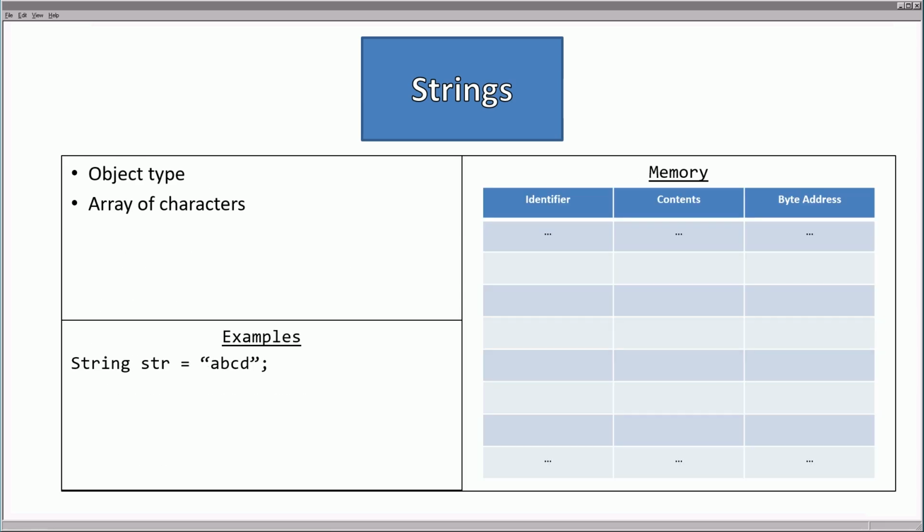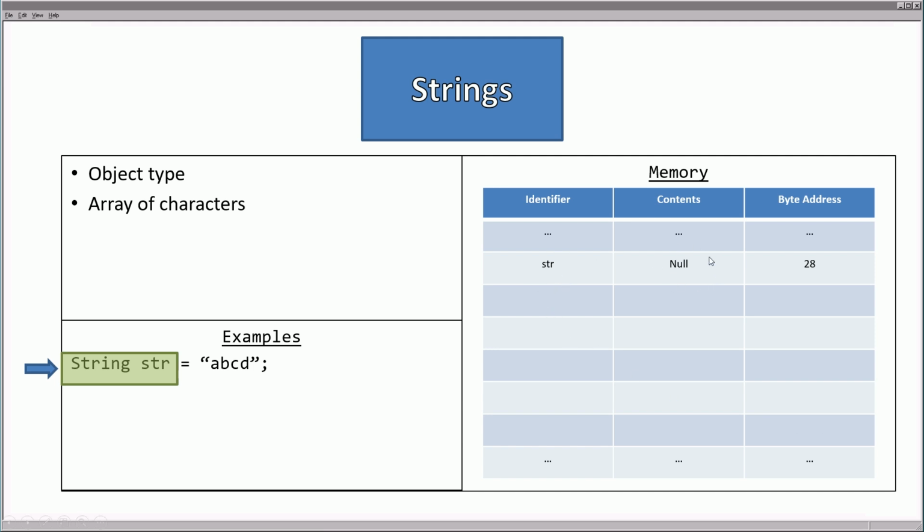So if we want to look further into strings and how this works in memory, again, this is an object type, where we separate the variable, which contains a reference, from the contents found in memory. Now, if we have the string ABCD, the first thing that we do is initialize the value of that string. As you can see here, the identifier is str.